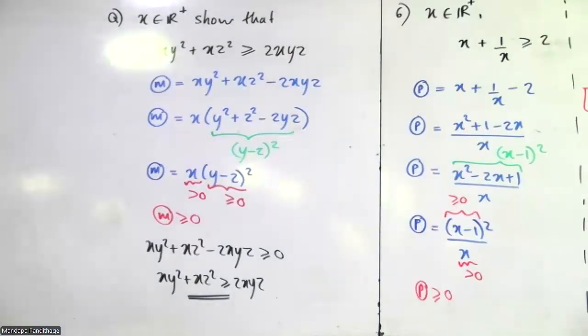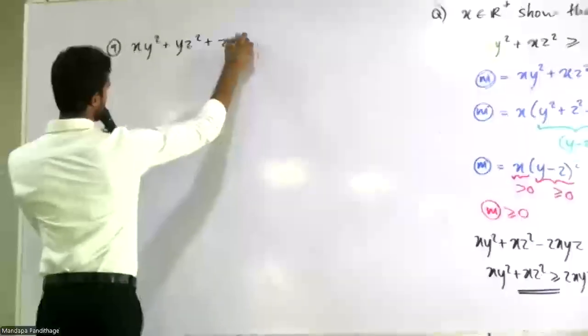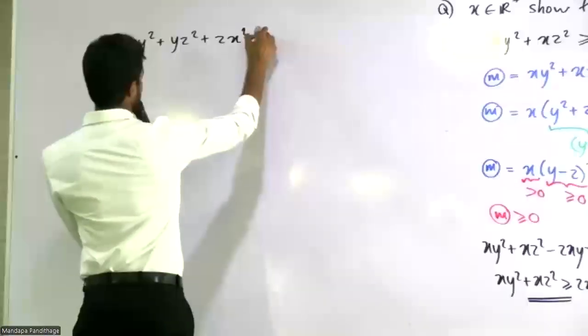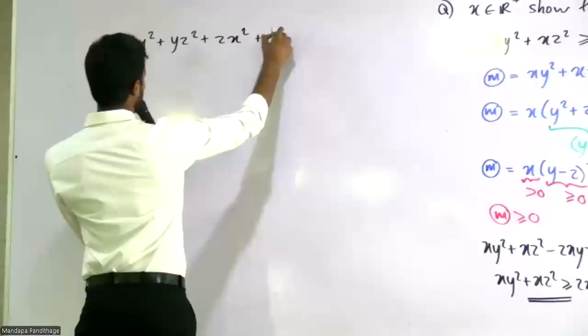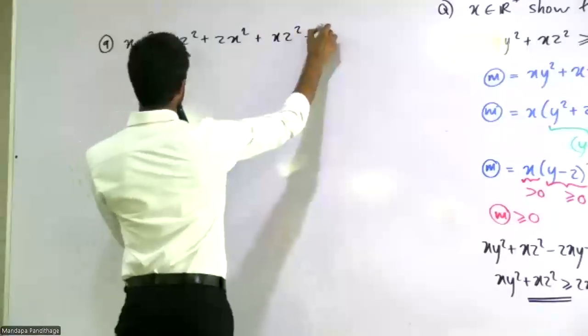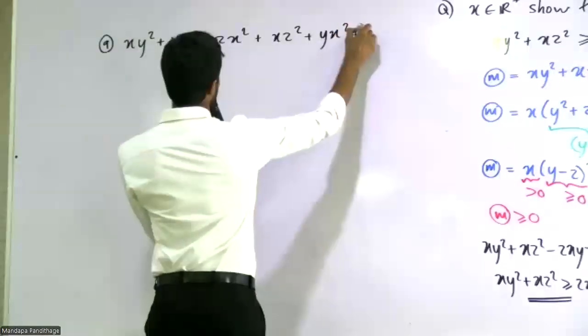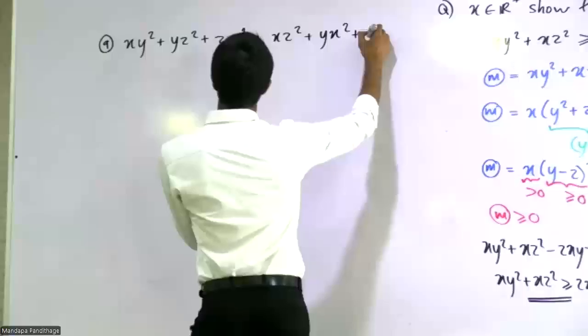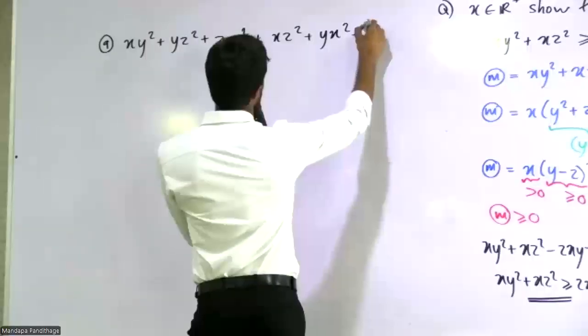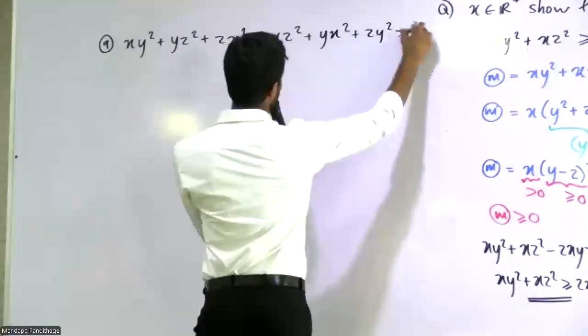Okay, so this one, question number 9. I'll write it: xy squared plus yz squared plus zx squared, and I can't remember the exact order, I'll just write xz squared plus yx squared plus zx squared plus zy squared is greater than or equal to 6xyz.